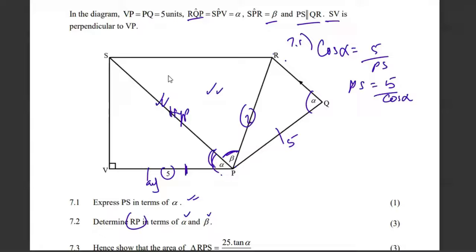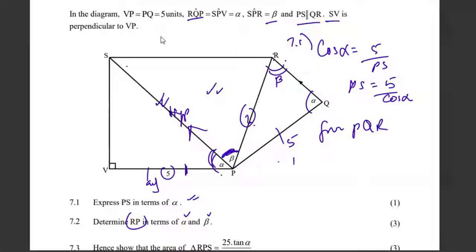Do we know SR? No, we don't. But we know if these lines are parallel, if this is a beta, then even this angle here should be a beta. Then which means I'm going to use PQR. So from PQR, I apply the sine rule.